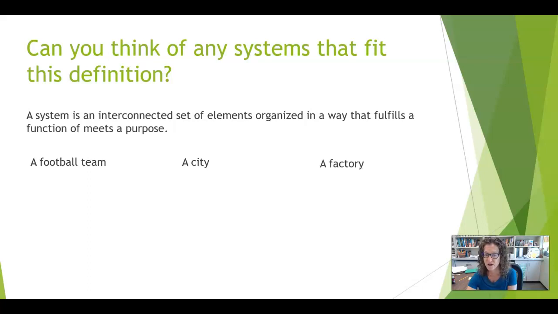A factory is also a system, as is the human body, a tree, an animal, and even a forest. A forest is actually a larger system within which are embedded other smaller systems. So a forest is a large system. A tree and an animal are smaller systems embedded in the larger system of the forest.